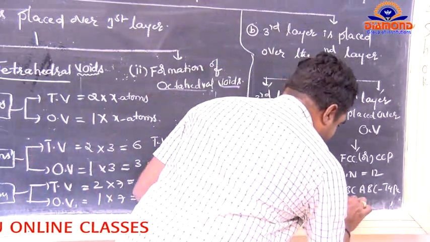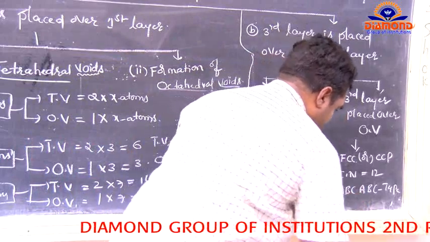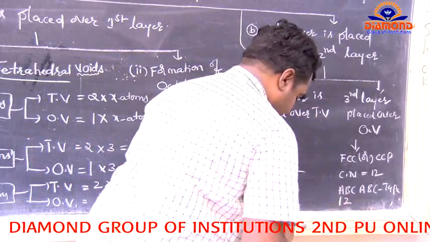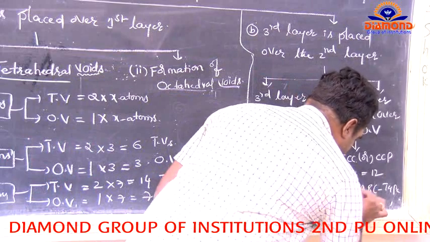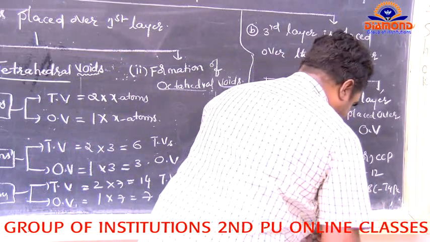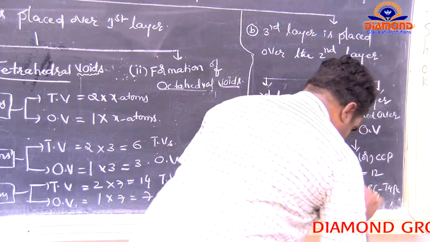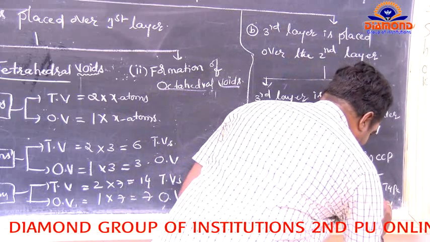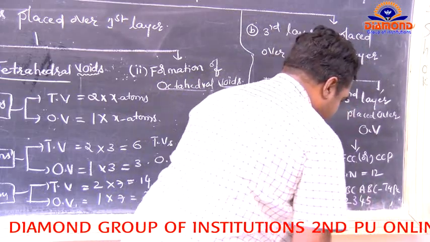Here we get 1, 2 and 3. Again 4, next 5 and 6.